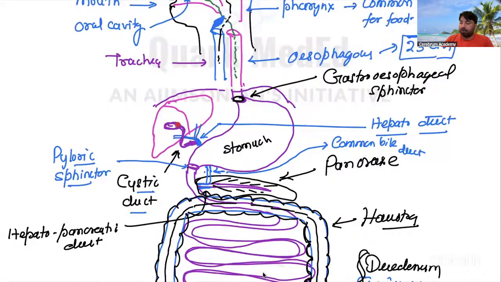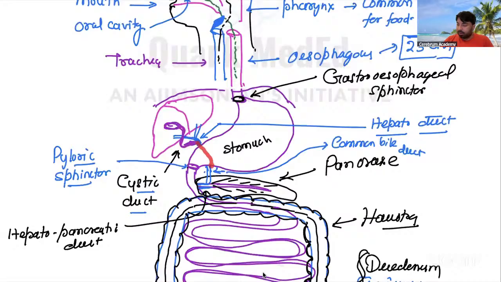Below the liver there is the gallbladder. The gallbladder stores some of the bile salts and bile juices. The duct of the gallbladder is called the cystic duct. The cystic duct and hepatic duct meet and form the common bile duct.